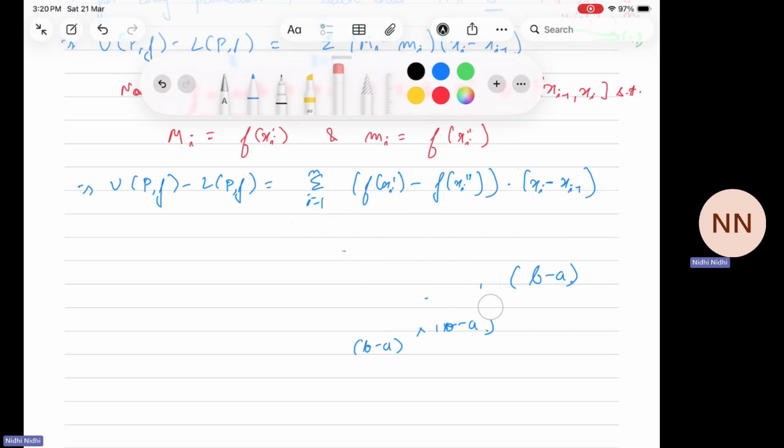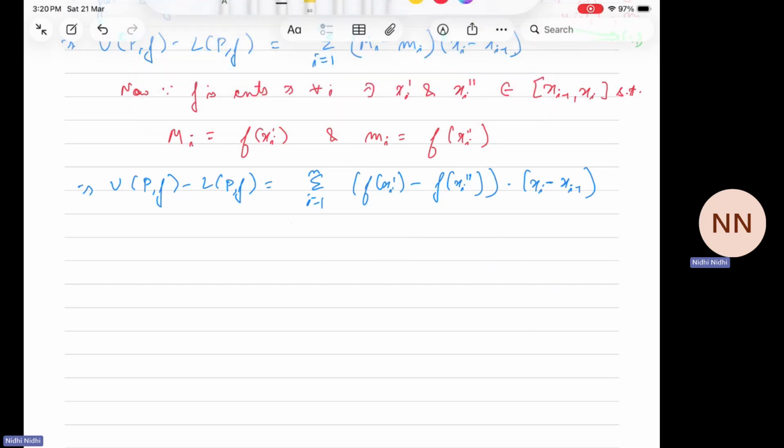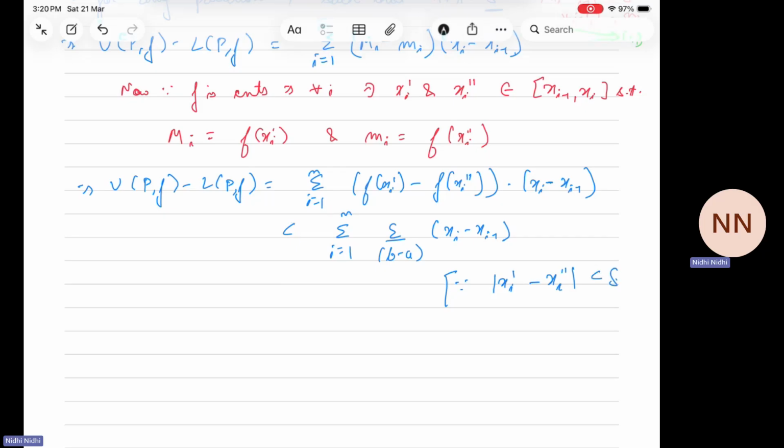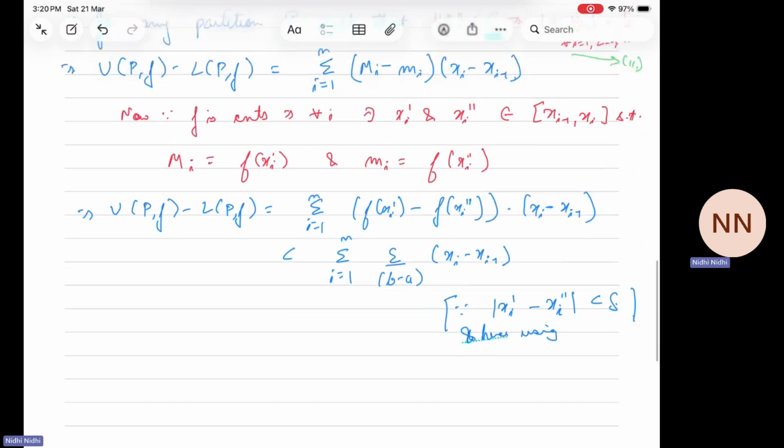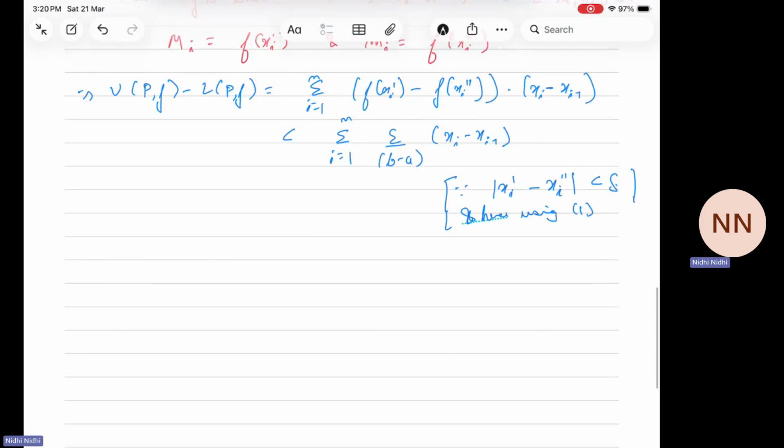No, we cannot say it directly, because we should have mod xi prime minus xi double prime to be less than delta. So from here, this will be summation i from 1 to n epsilon upon b minus a times xi minus xi minus 1, because mod xi prime minus xi double prime is less than delta. So using equation 1, okay, now it's fine.